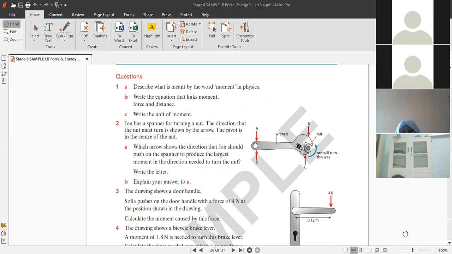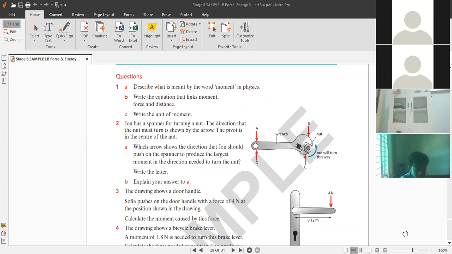Okay. Would you like to use your annotation? Bisa buat coret-coret nggak itu? Anotasinya. Bisa kan? Annotate. Diklik biar bisa coret-coret. Okay, say and I will write.